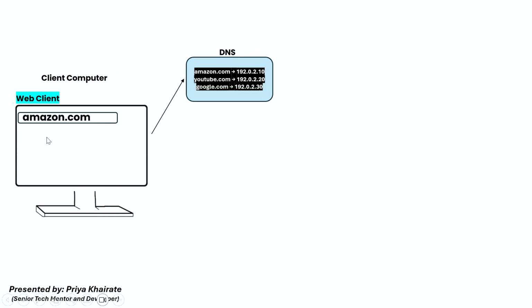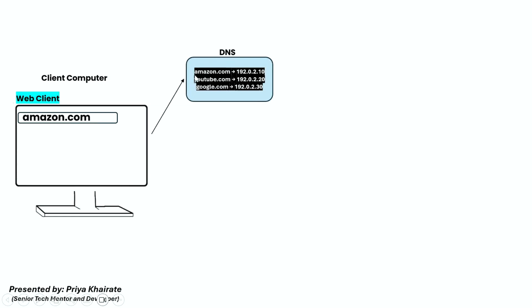Okay. So here, when you are requesting some data, what data? Amazon.com. As soon as you hit enter, you will get multiple product images, multiple data. Where is that data present, where is that Amazon.com website present? That website is present in the system which has this IP address. So when we send Amazon.com, it will go to the DNS.